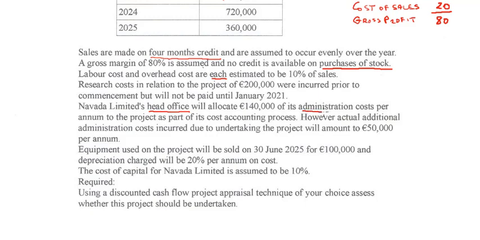So these are the head office administration costs, and that's going to be done per year as part of the accounting process. So we've got to figure out how to deal with this 140,000. They also note that actual additional administration costs incurred due to the undertaking of the project will only amount to 50,000.